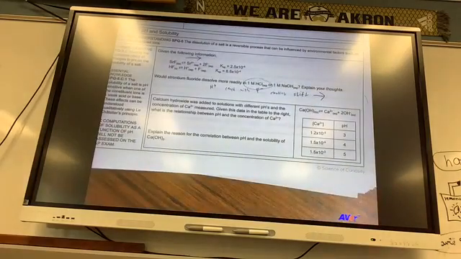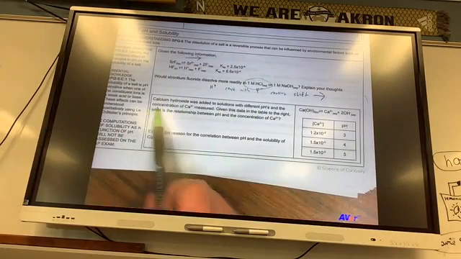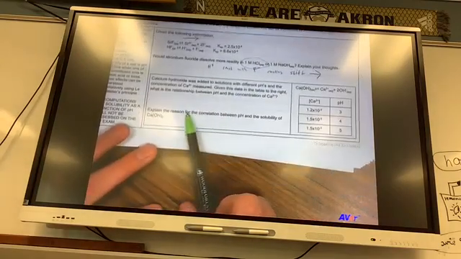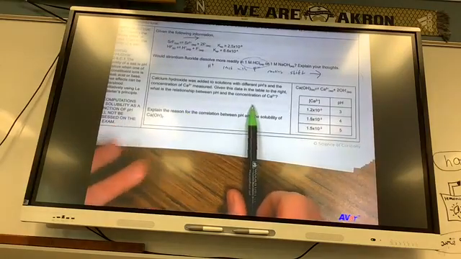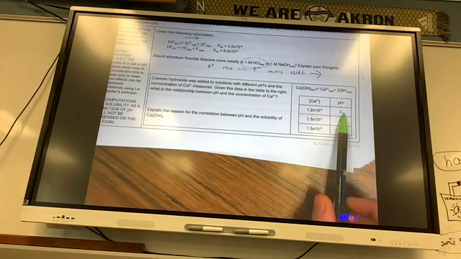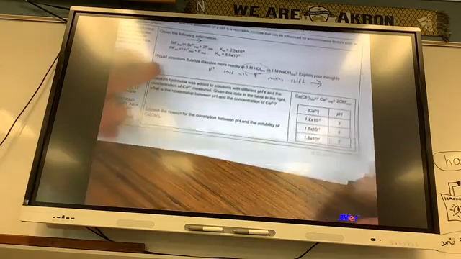Calcium hydroxide was added to solutions with different pHs and the concentration of Ca plus 2 was measured. Given the data in the table to the right, what is the relationship between pH and the concentration of Ca plus 2? Okay, we're good at reading tables. So pH goes up, Ca goes... I can't even see the whole table, that's kind of annoying.